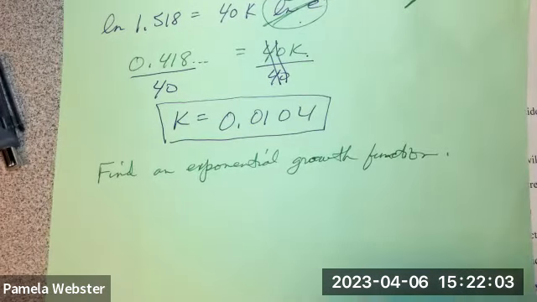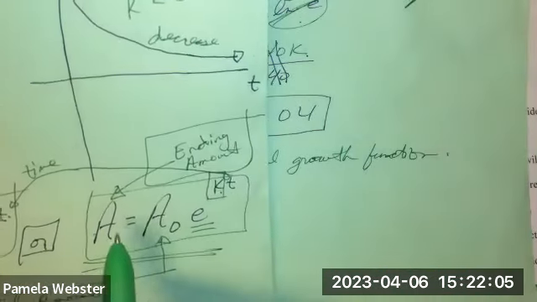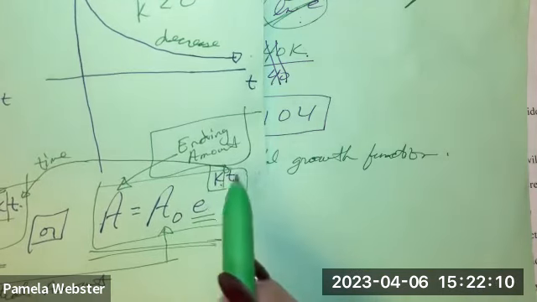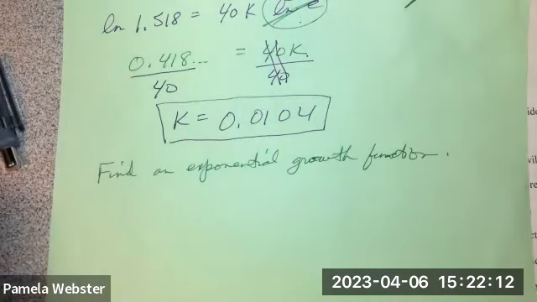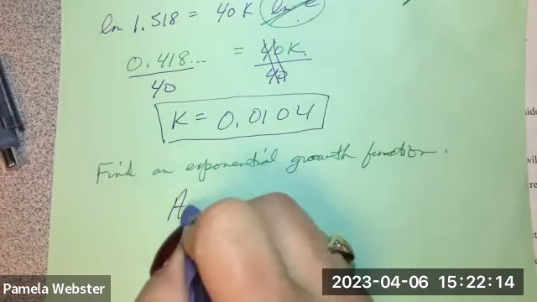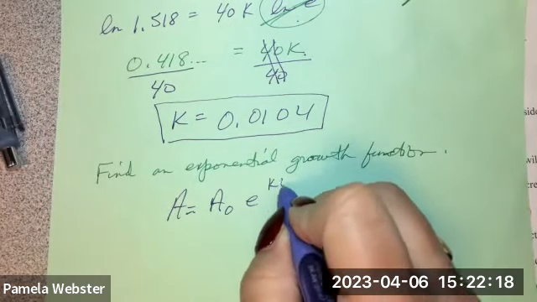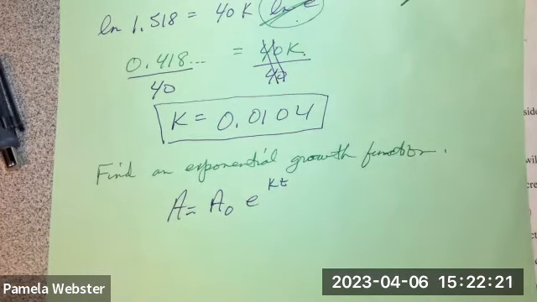So let's find this again. It was A equals A sub 0, my initial value, e to the kt. This is the form I want to put it in: A equals A sub naught, e to the kt. And they want me to give this as a growth function.